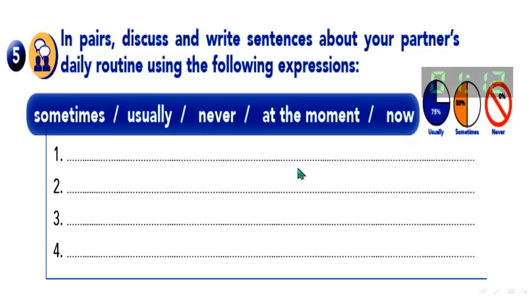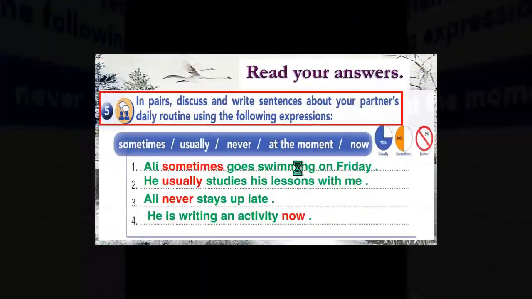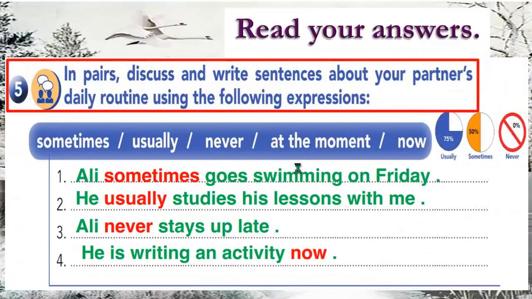So I'm going to choose some daily routines. As you see, Ali sometimes goes swimming on Friday. You can change the name, you can say Khaled, your friend's name, or Samir, right?